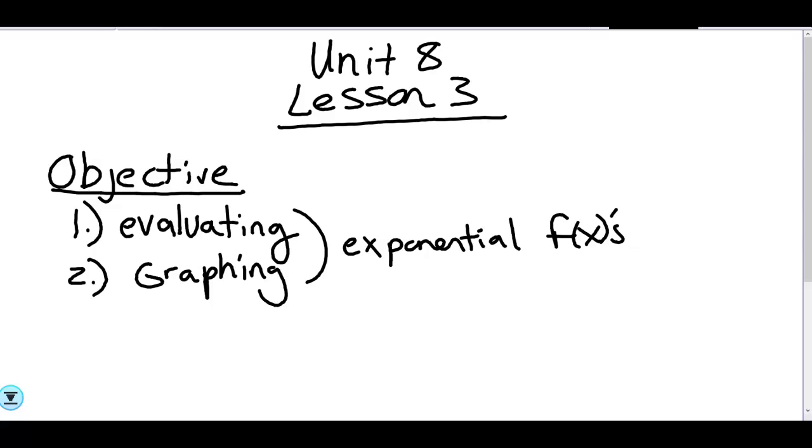All right, guys. So we're gonna continue our chat about exponential functions. So take good notes because tomorrow's the day we're gonna actually work on the practice problems in class. We're gonna do two things today. We're gonna evaluate, and what that means is I'm gonna give you an exponential function. You're going to plug a number in and get an answer.